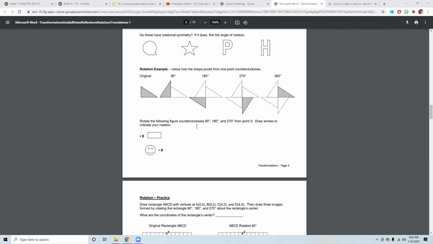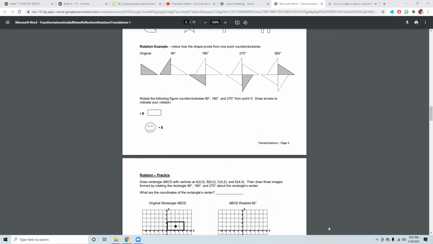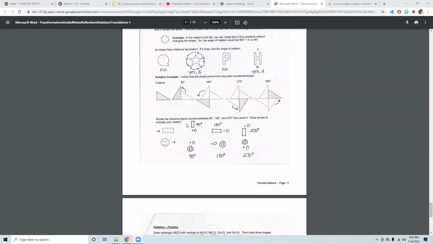As long as you know how to rotate it and you can remember what you saw and where you saw it, you're going to be fine. So let's look at the rest of these answers. Here are my drawings for it. These are the two drawings that I drew before, and then this is 270. And this is how the smiley face is going to rotate throughout those three.